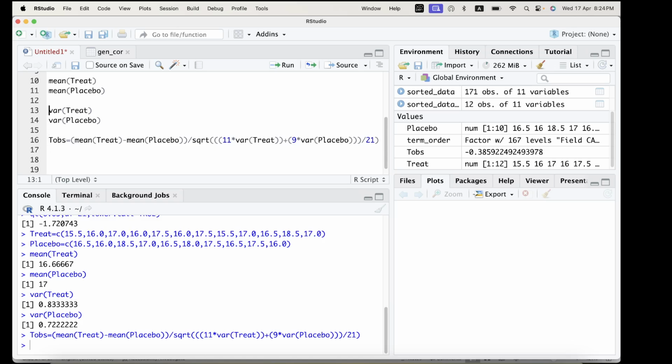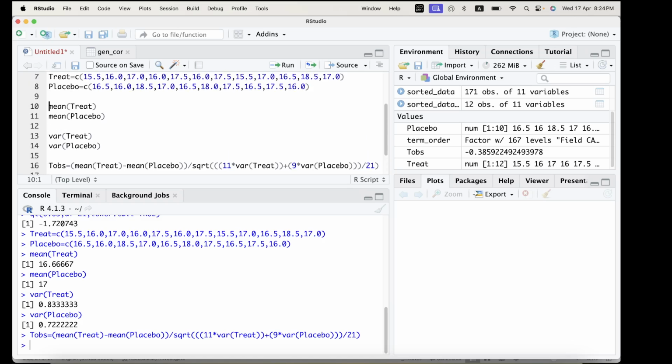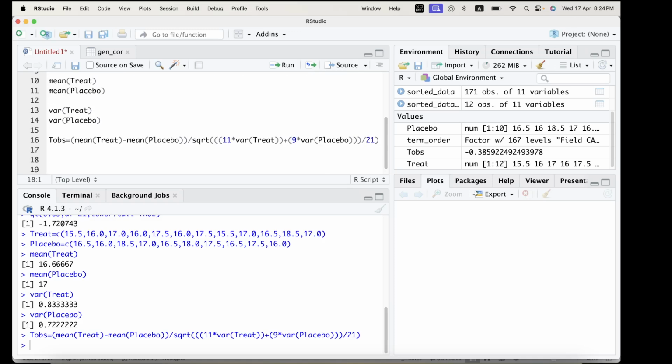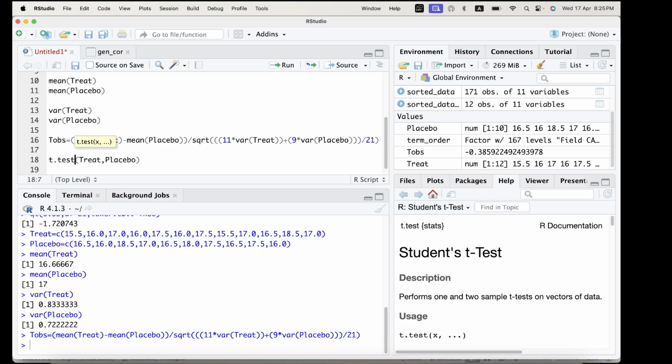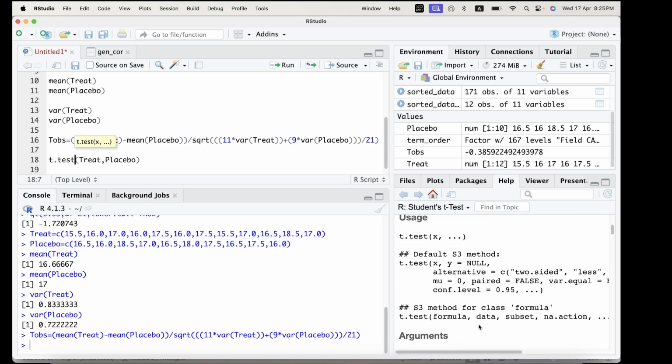Okay, one second. This we were solving like this. No, let us just do a t dot test on treat and placebo. Let me just find out if I made any mistake or not. Treat, t dot test, placebo, and then alternative is what?